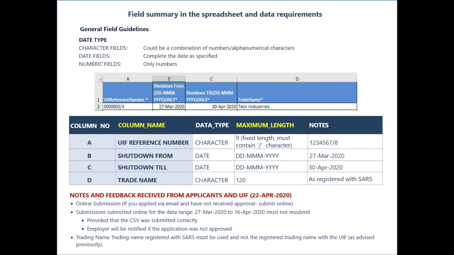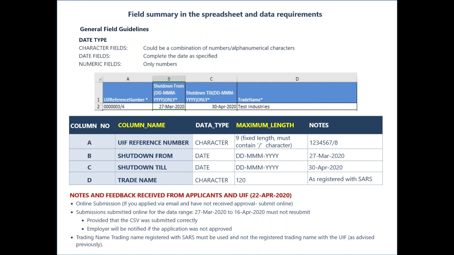The UIF has confirmed this morning that you do not need to resubmit for the second period, because if you go online now, there's only 1 date range available, which is from the 27th of March until the 30th of April. Provided that your CSV was submitted correctly, your application will be processed according to the new dates.